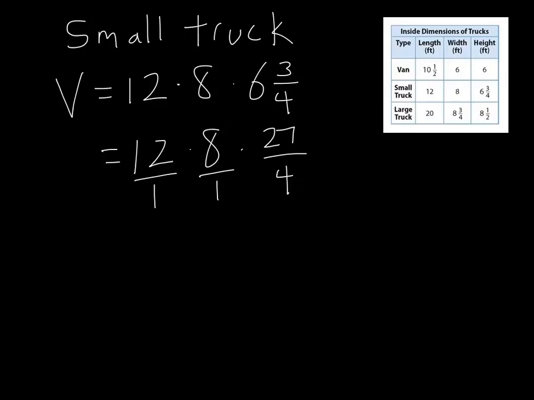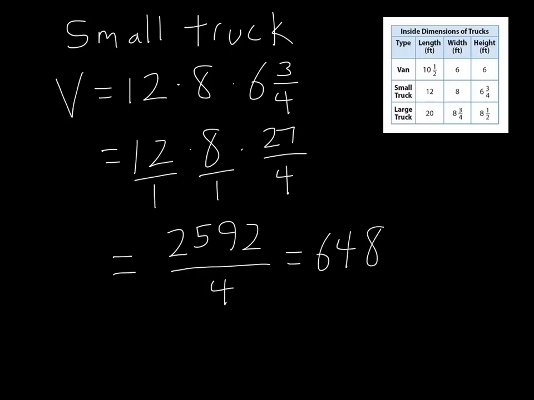When I do all this, I'm going to get on the top 2,592, and on the bottom 4, and you can do some work to show that that comes out evenly to 648, again, cubic feet. And that makes sense. We would expect that our small truck has a larger volume than our van.